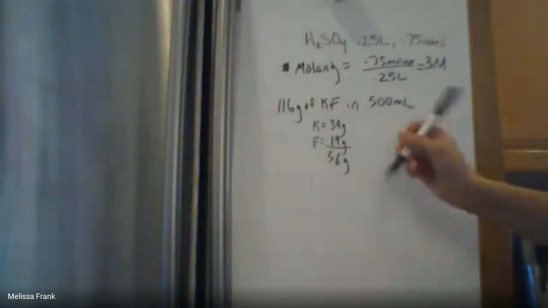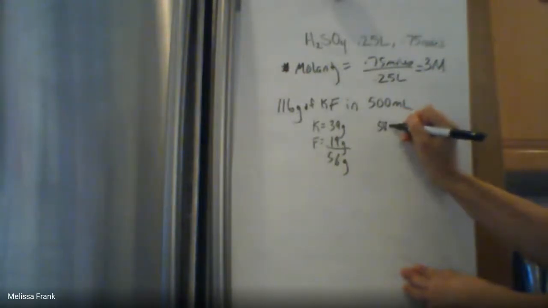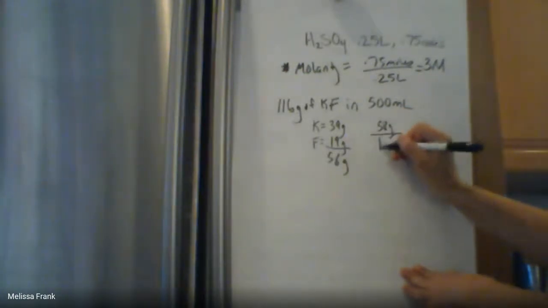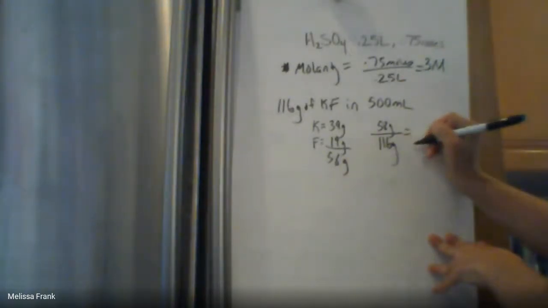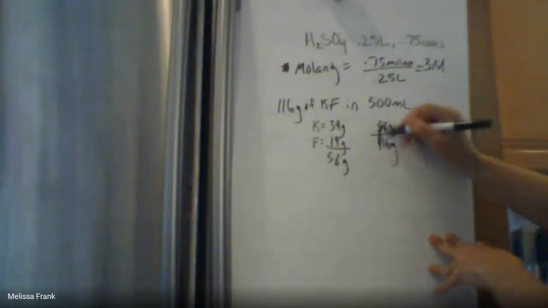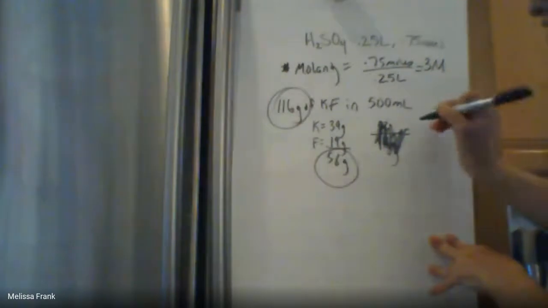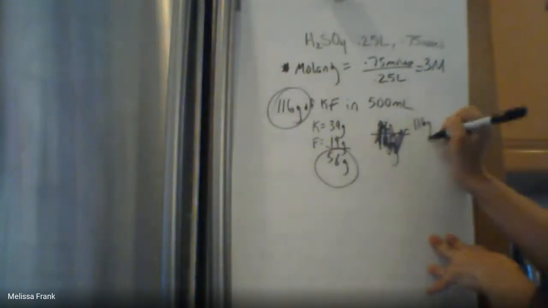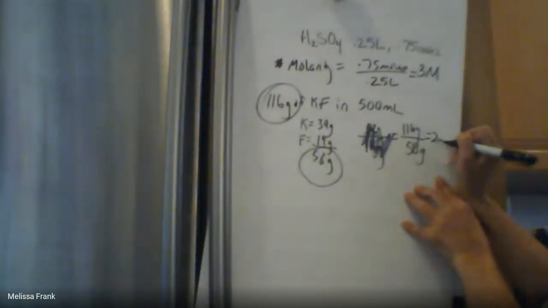So the number of moles is equal to the given mass over the gram formula mass. Sorry, I have that the wrong way around. The given mass is 116 grams. The gram formula mass, I apologize, is 58 grams. So 116 divided by 58 means I have 2 moles.